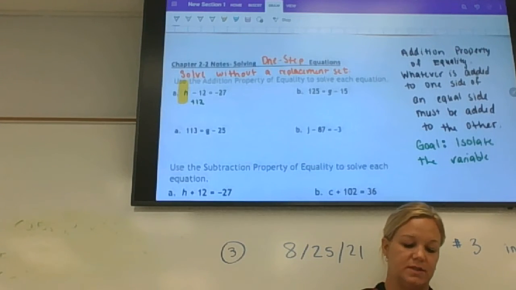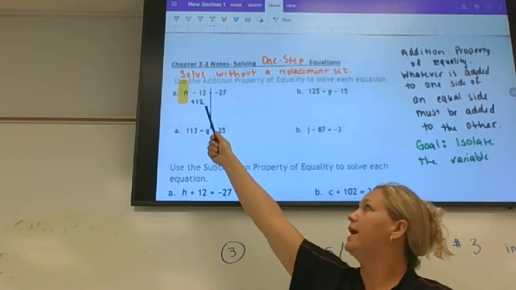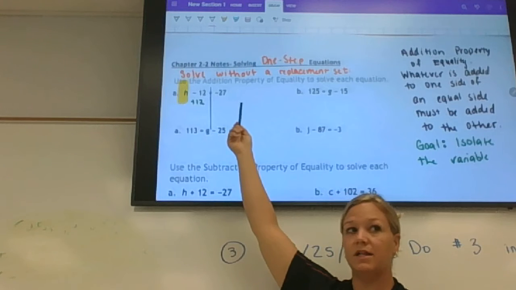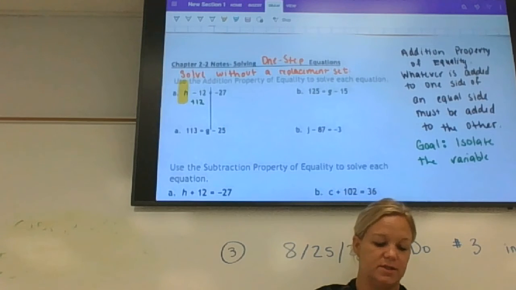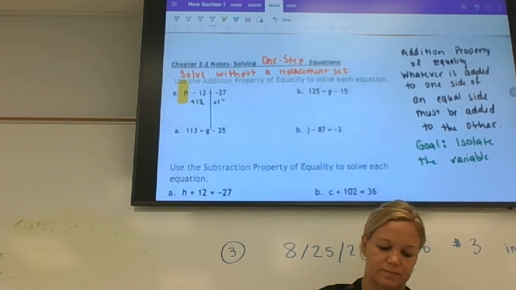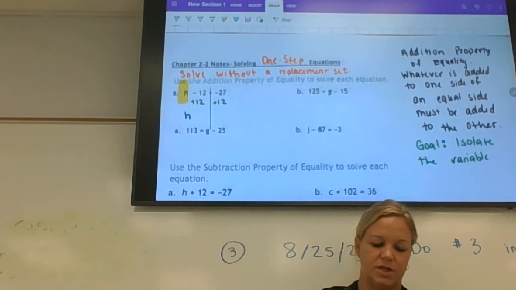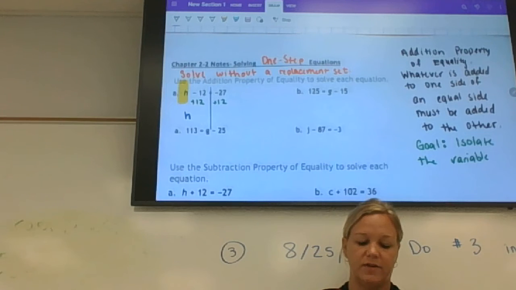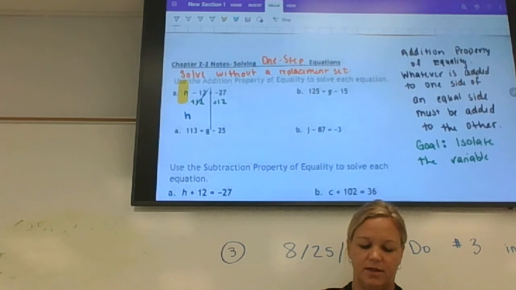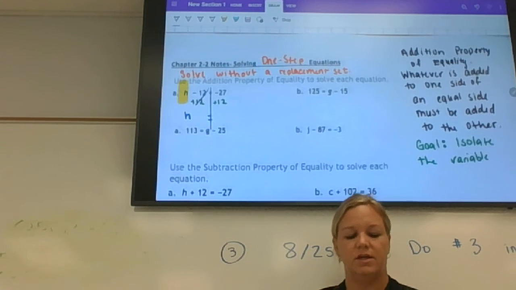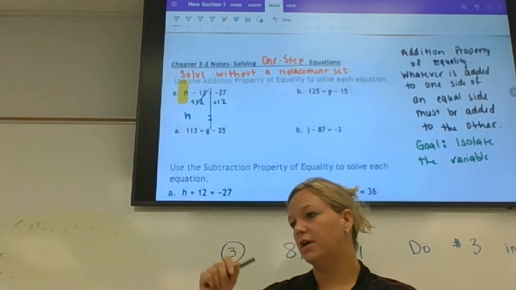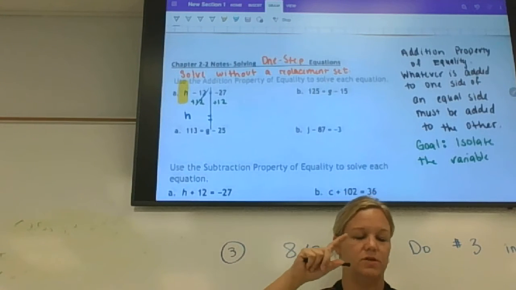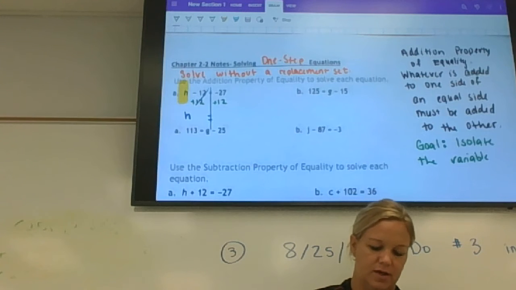And I'm going to consider the property of equality. If I add 12 here, I also have to add 12 on the other side of the equal sign, and my equation is still going to be true. So what I'll be left with is h, negative 12 plus 12 cancels, so they're gone, equals, and I'm not very good with negatives, so maybe I'll consult a calculator, negative 27 plus 12, negative 15.